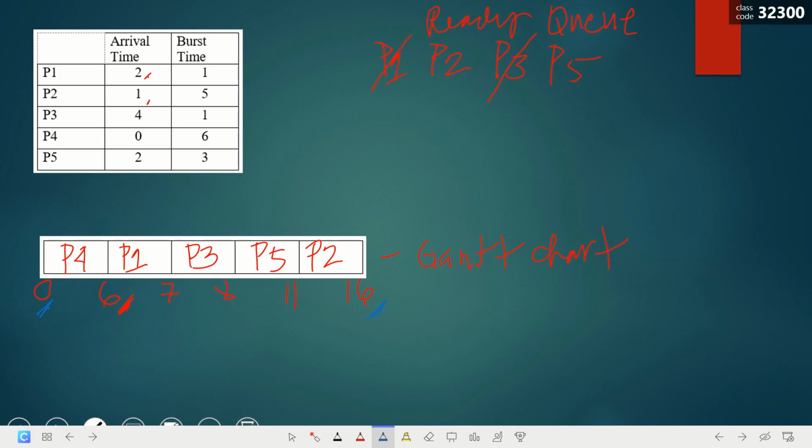So, the CPU is not idle from starting to ending. So, this total, 16, should be equal to the total of the burst time. If you add the burst times, 1 plus 5 plus 1 plus 6 plus 3, this is 16. So, this is equal to our Gantt chart. Okay?